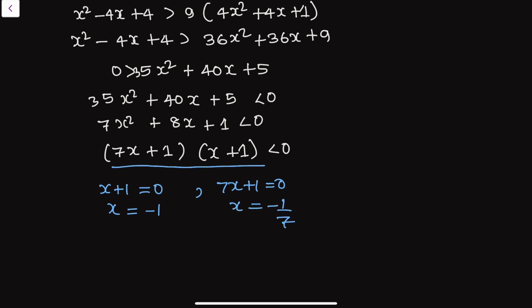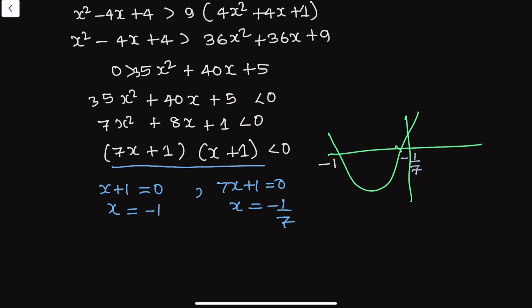Now using these critical values, we can plot the graph here. So how can we plot the graph? One of the critical values is -1, another one is -1 over 7. So the graph goes in this way. Well, this point we can mark as -1 over 7, and this other point we can mark as -1.